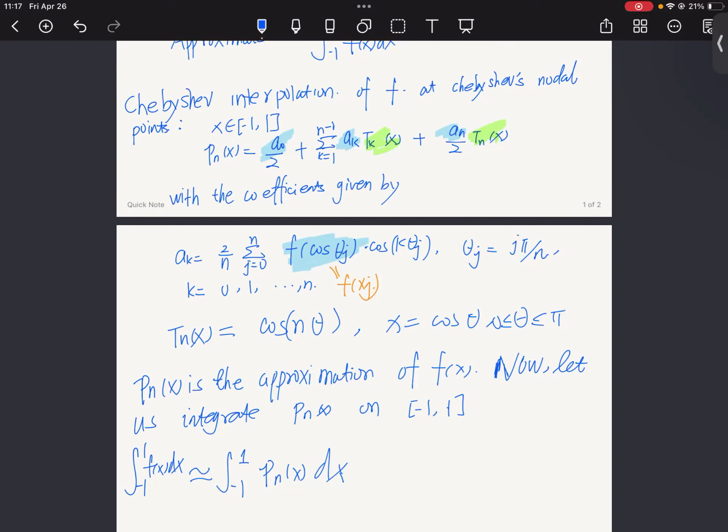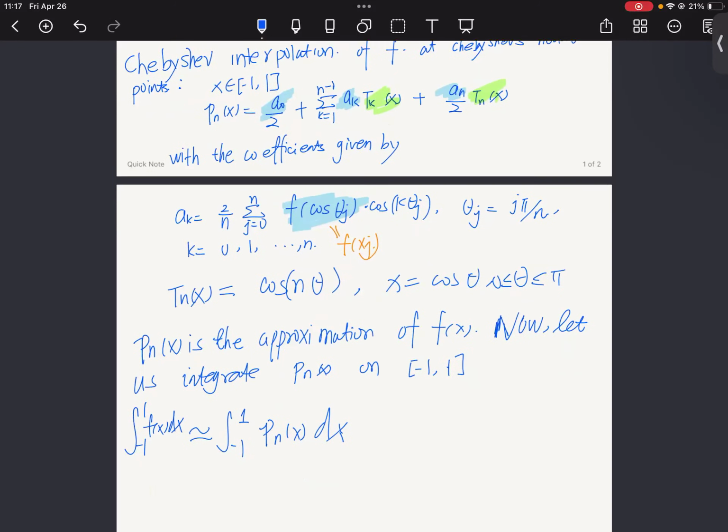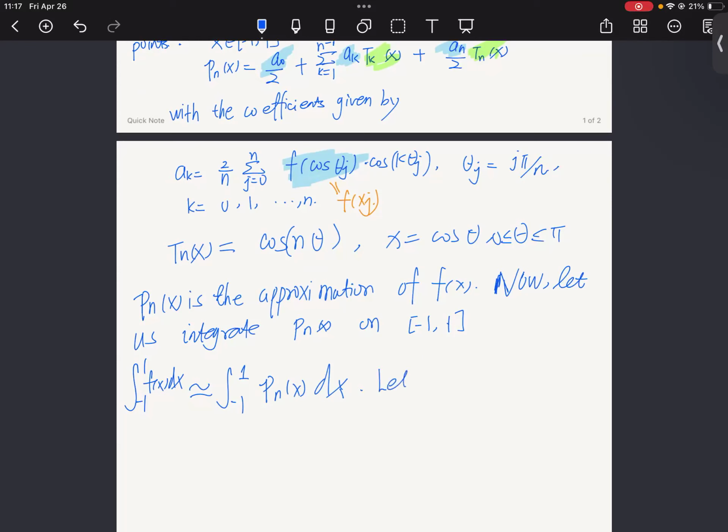I just use x equals cosine theta to change each x into terms of theta. So this is a variable change. Let us change the variable by letting x equal cosine theta.